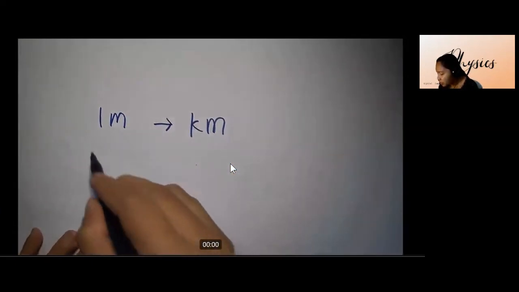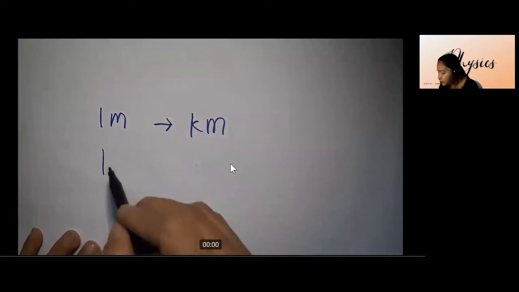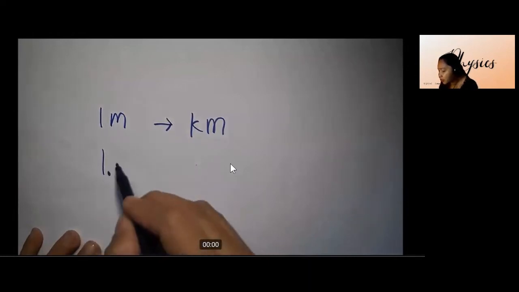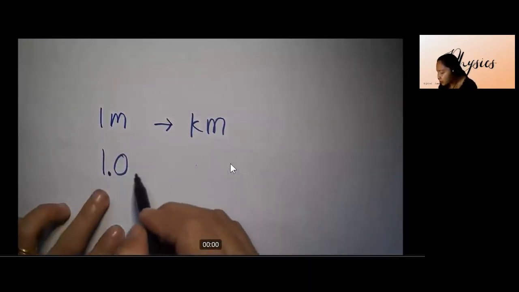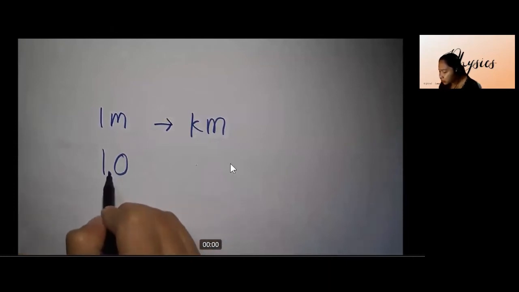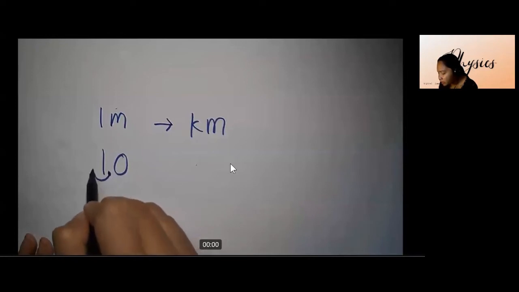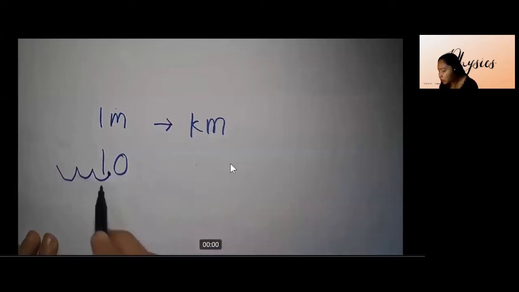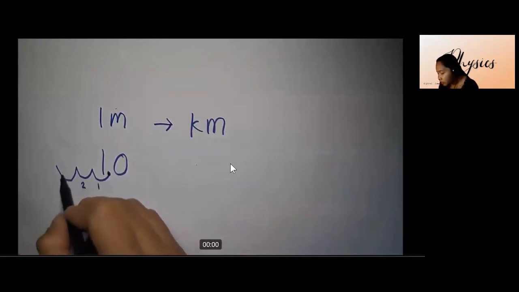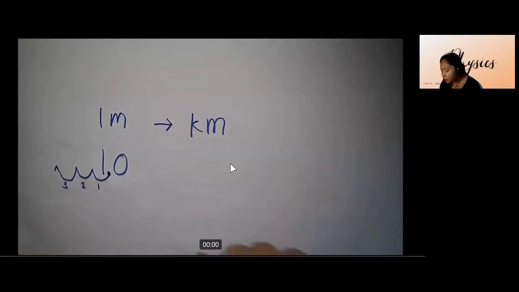So, but the decimal point is after the 1. It's like 1.0, right? So you just need to move from the decimal point going to the left 1, 2, 3, because we need to move 3 places, right? So this is 1, 2, and 3. And so we have 2 places here.